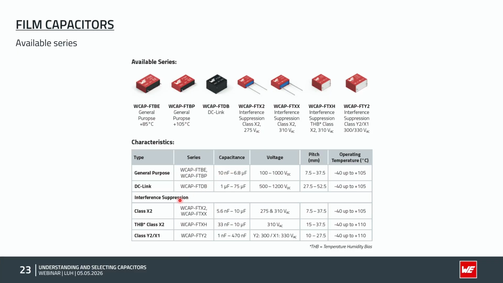Then we have the class 2 film capacitors, and also the THB class 2 capacitors, which offer you some benefits when we talk about harsh environmental conditions. Then we have also the Y2 capacitors. We recently added them, so we now have Y2 capacitors as a film capacitor too. Just to give you a general overview.